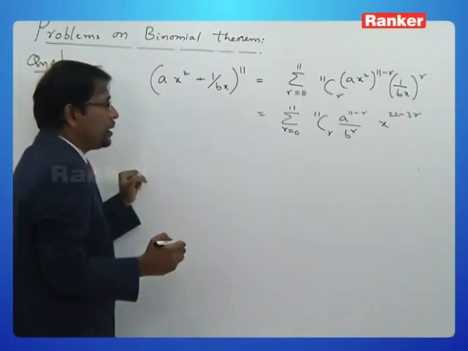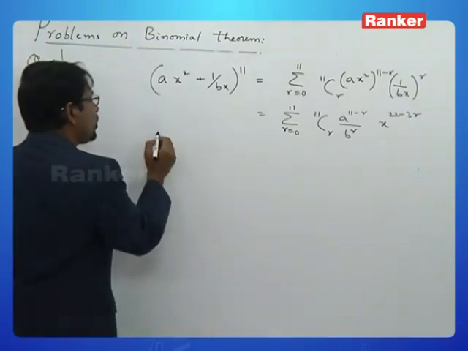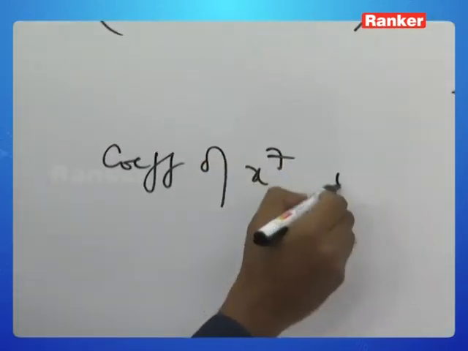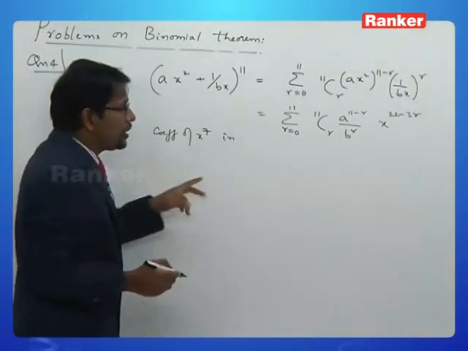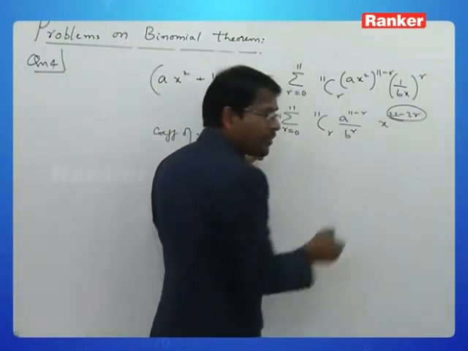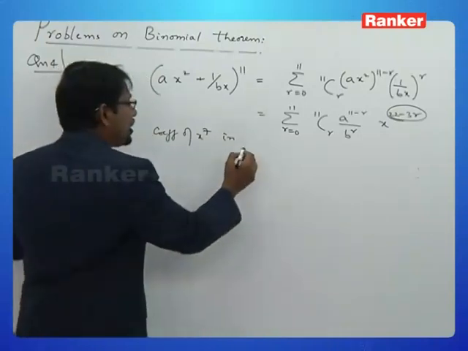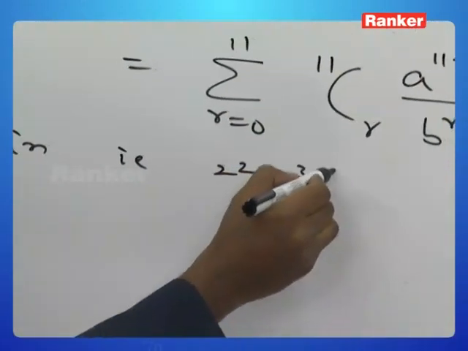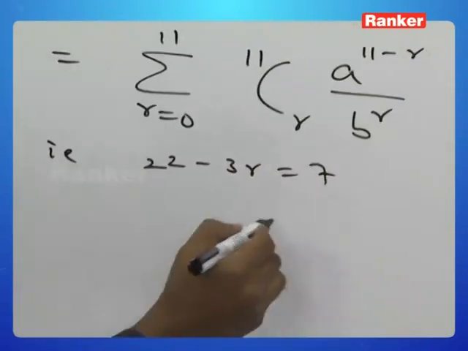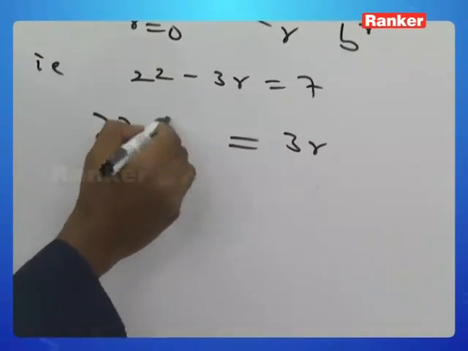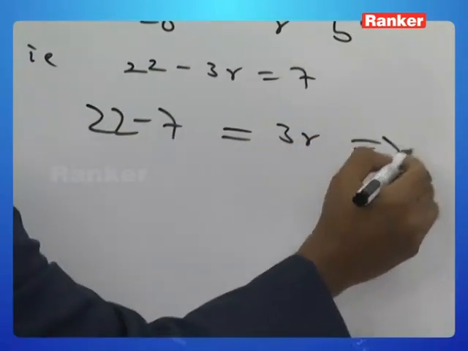Now, we are interested in the coefficient of x^7 in this expansion. That means 22 minus 3r should be made 7. So 3r will be 22 minus 7, which implies r has to be 5.